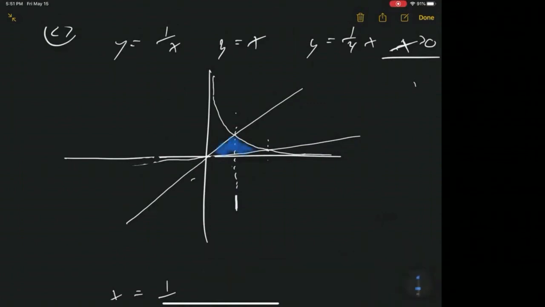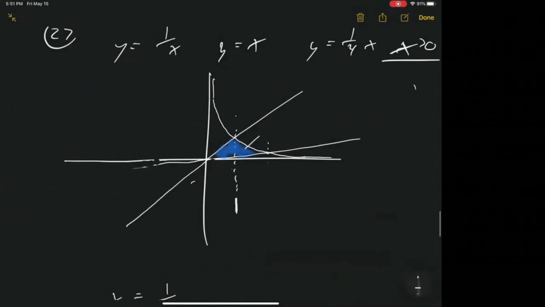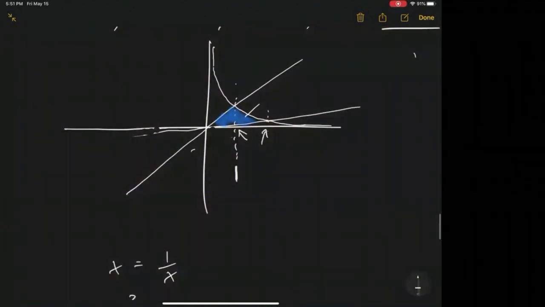Now I'm looking at this right piece. It's not really a triangle, right? It starts here, and we just found out that's the line x equals 1. And then where does it end? So now I need to find that right endpoint. I'm going to set two curves equal to each other.